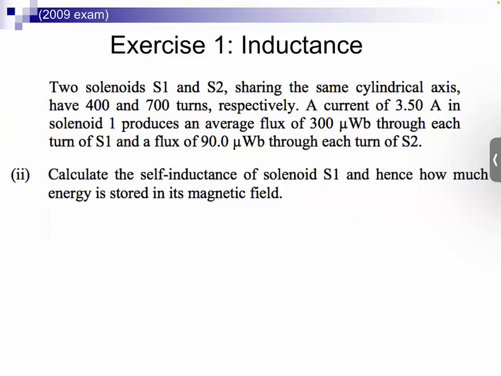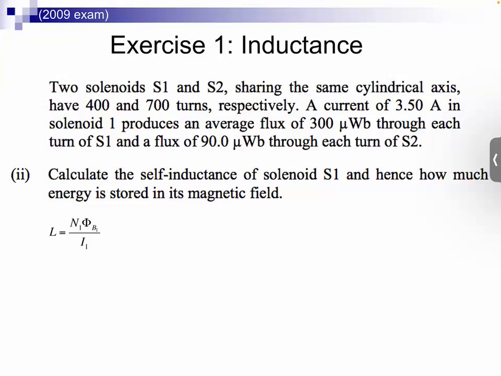But for the second question, you want to calculate the self-inductance in solenoid 1. Because you have magnetic flux through solenoid 1, you can calculate the self-inductance for solenoid 1, and then how much energy is stored in its magnetic field.